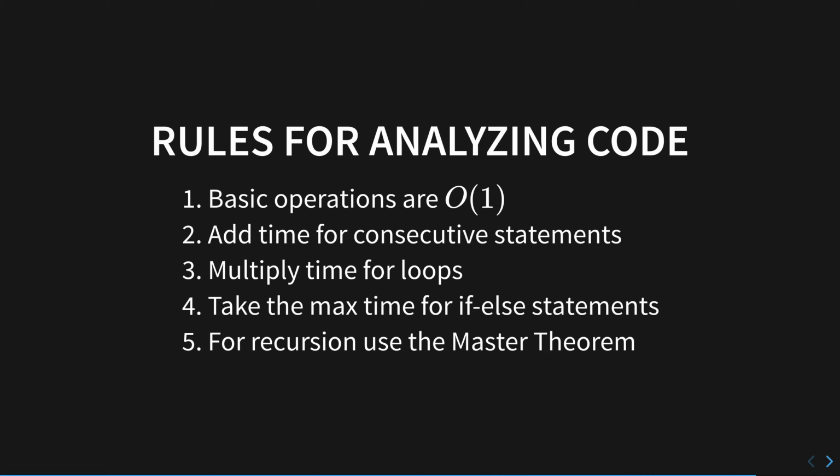How do we apply this to code? There are 5 rules here to break it down. The first one, basic operations, we're going to say are constant, which is big O of 1. That would be adding 2 numbers together, comparing 2 variables, accessing an element in an array, setting an element in an array, calling a function, returning a value from a function, and so on. These essential steps might even be implemented in the hardware, or are just a couple of CPU operations.